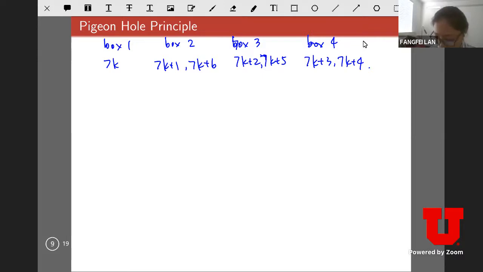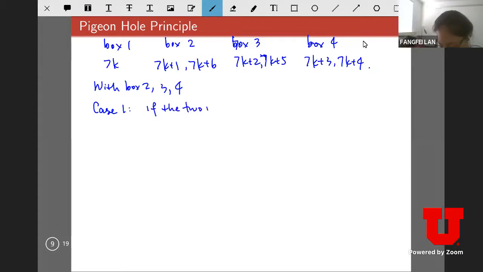With boxes 2, 3, and 4, there are 2 cases, right? So case 1 is that if the 2 integers have the same remainder.